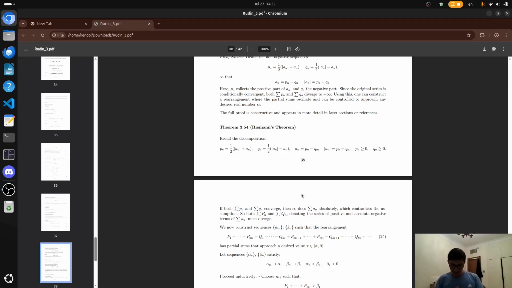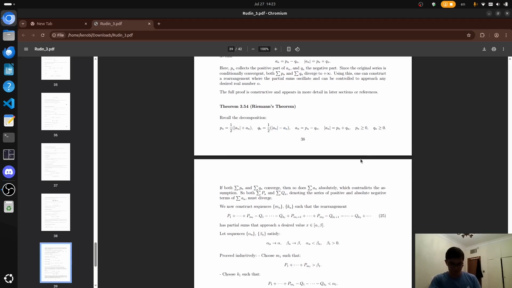And the sum of capital P_n and the sum of capital Q_n are just going to be the same thing as the sum of p_n and the sum of q_n by their definition, except that you're just going to have a string of zeros instead of the negative terms for the sum of P_n and a string of zeros for positive terms for the sum of Q_n over here. But they're going to give you the same sum.